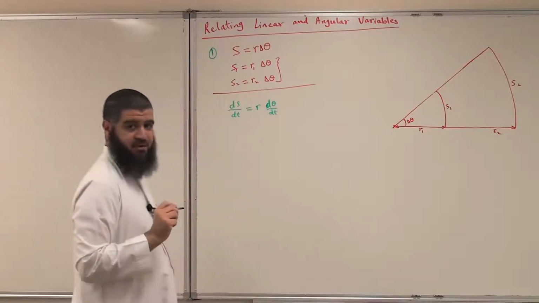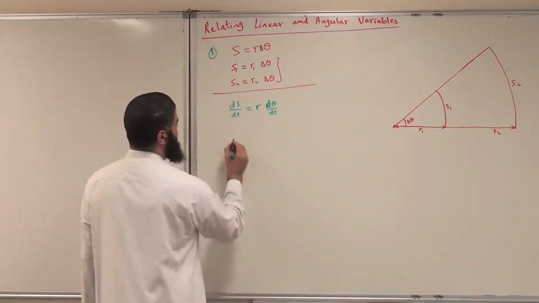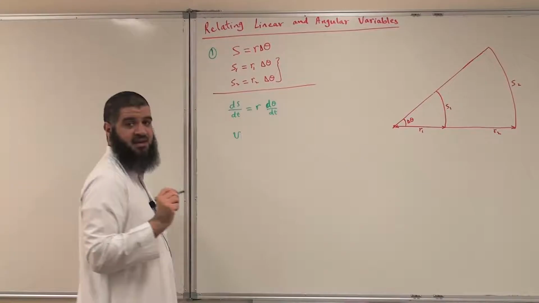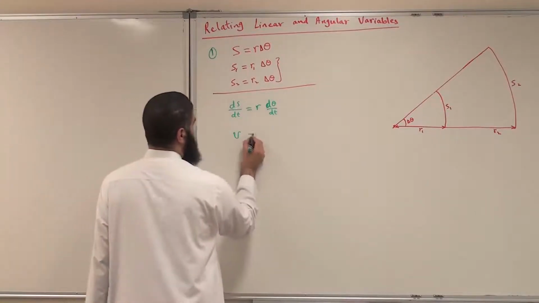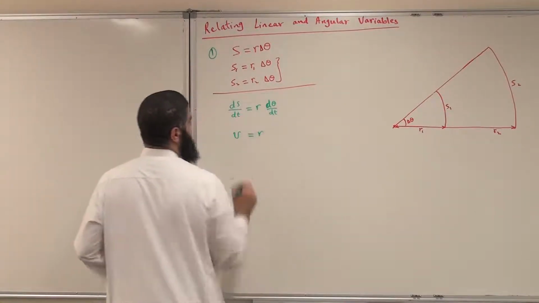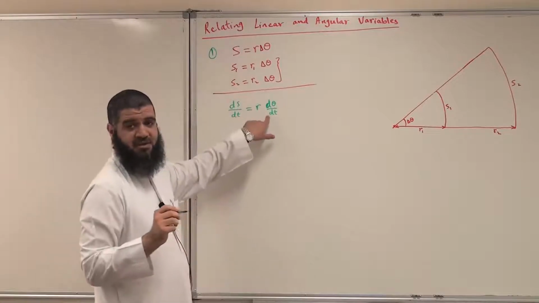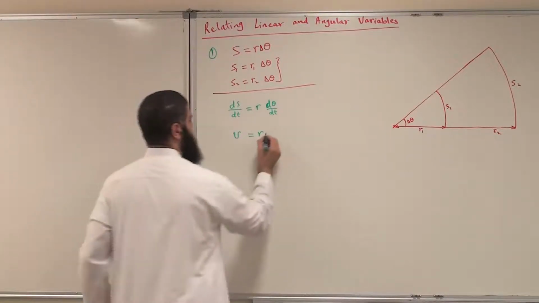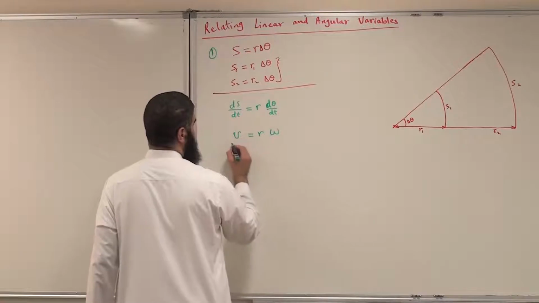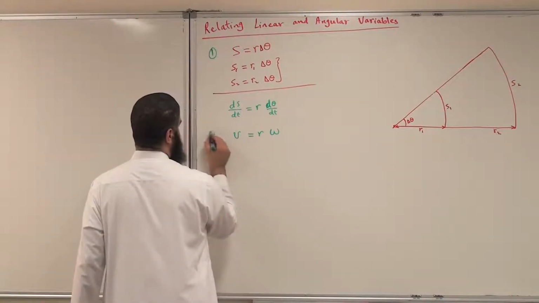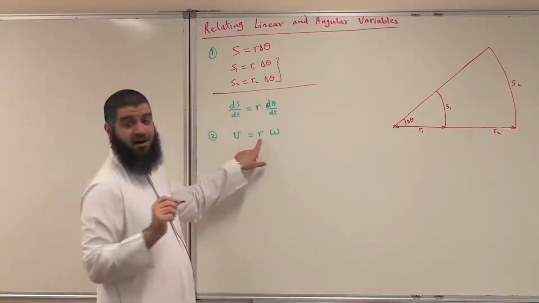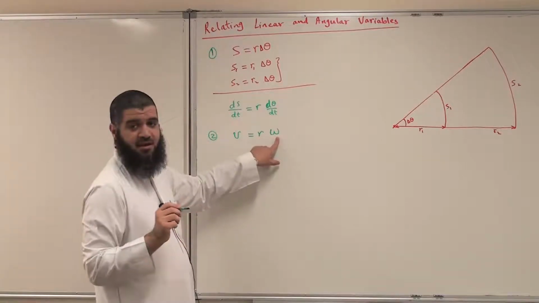Here I am left with v, which is the linear velocity, equal to r times d theta by dt, which is omega. So here I have linear velocity equals r multiplied by omega.